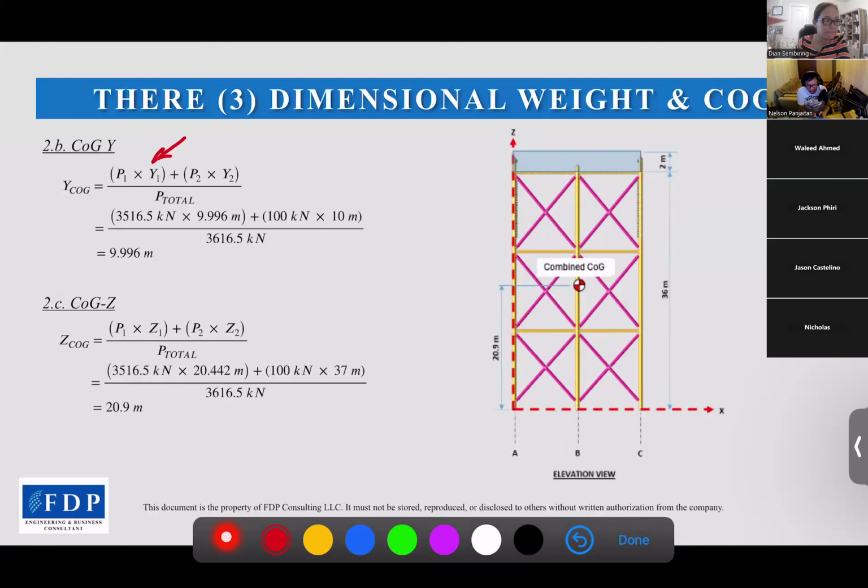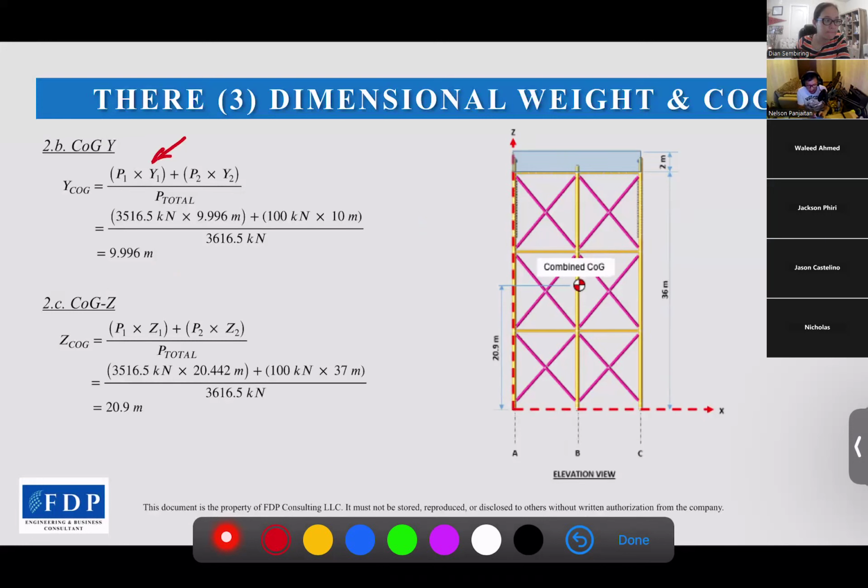And then the COGZ, we also use the same formula, but we need to change the coordinate to coordinate Z per item. Then we got the COGZ is 20.9 meters. So the combined COG will be 20.9 meters in the Z direction.